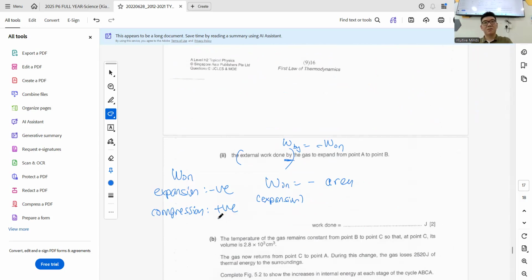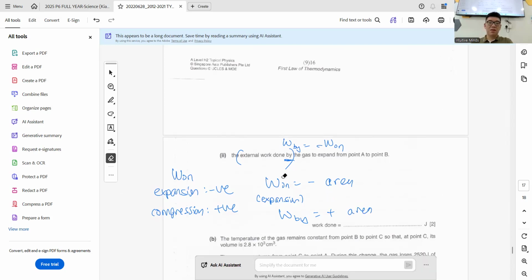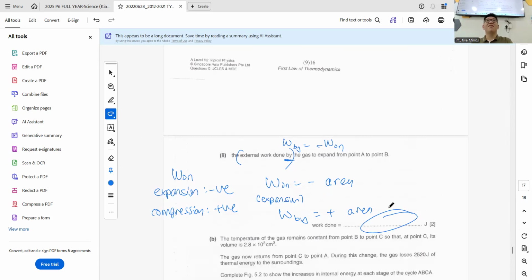Okay. So you get negative of the area, while W on is positive of the area. And that's how you get the answer.